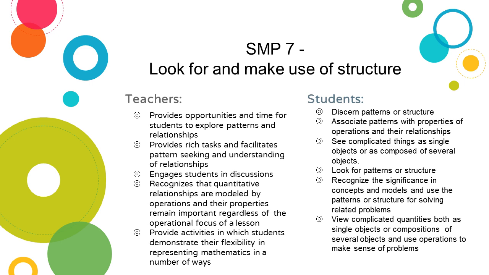We want our students to associate patterns with properties of operations and their relationships. We want our students to step back for an overview, and then they may need to shift their perspective. Students should see complicated things, such as an algebraic expression, as a single object or composed of several objects.